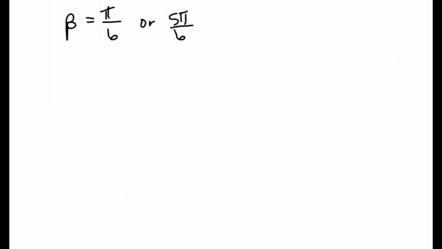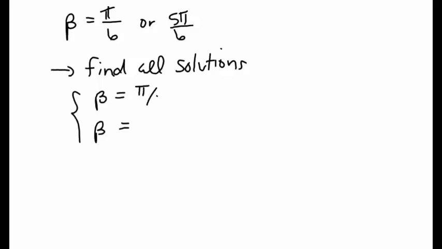Now that we have the values for beta on 0 to 2 pi, we're going to create our infinite solution. Because sine repeats every 2 pi radians, beta could be pi over 6 plus 2n pi, or beta could be 5 pi over 6 plus 2n pi.